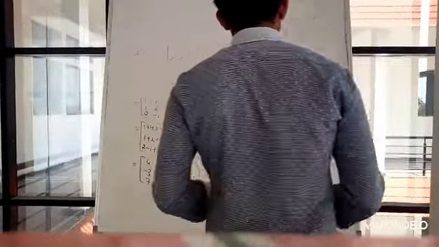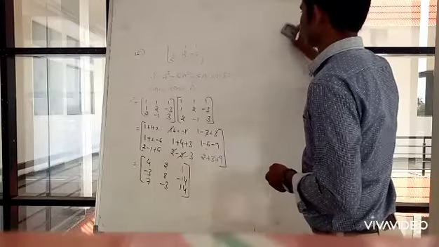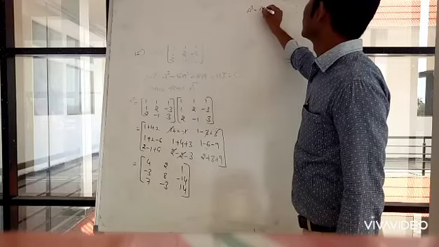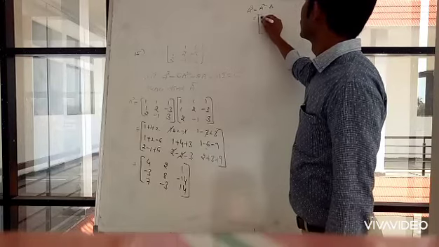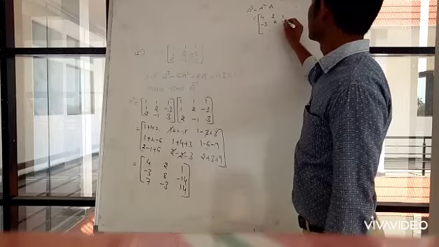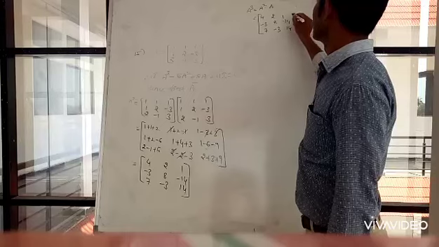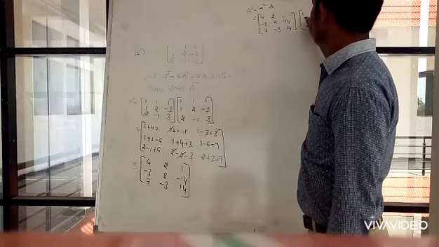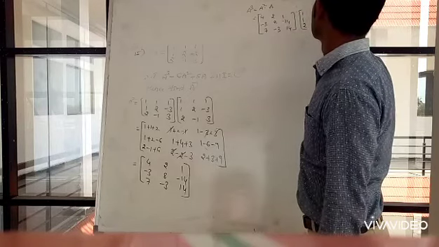Again, A cube is required, so calculate A cube. A cube is equal to A square into A. So write A square first: 4 2 1, minus 3 8 minus 14, 7 minus 3 14, into A, which is 1 1 1, 1 2 minus 3, 2 minus 1 3.